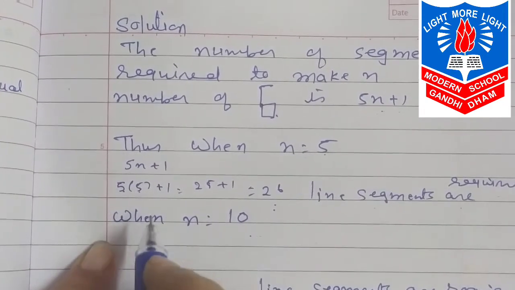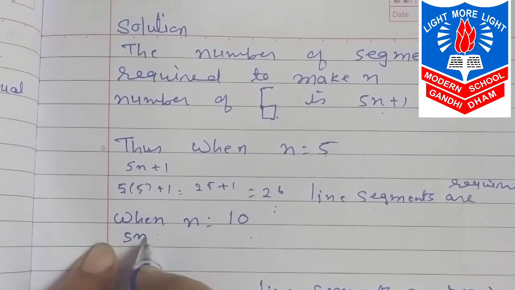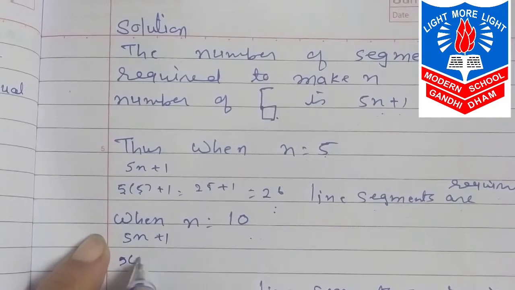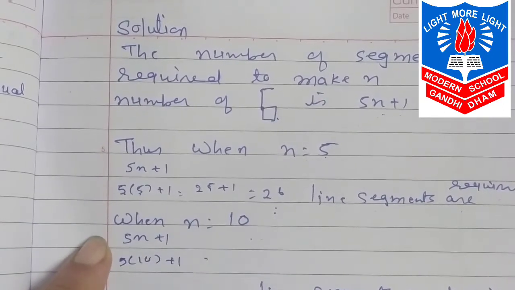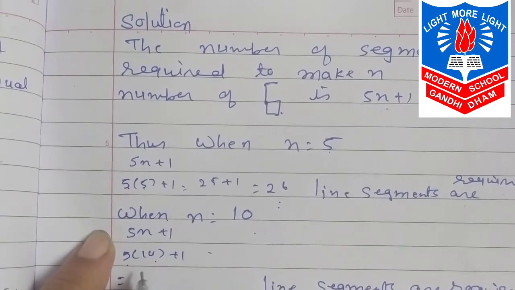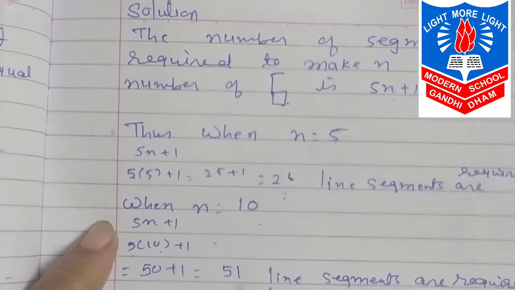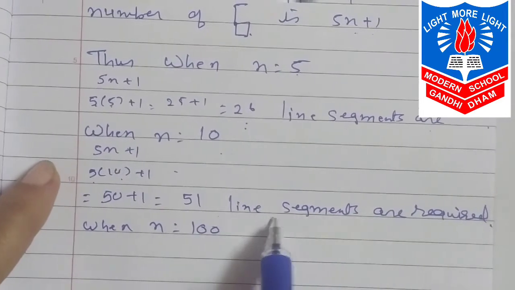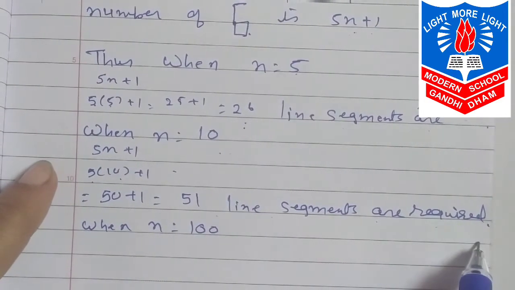Now if n is 10, our formula 5n plus 1, 5 into 10 plus 1 is equal to 5 tens are 50 plus 1 is equal to 51. So 51 line segments are required.